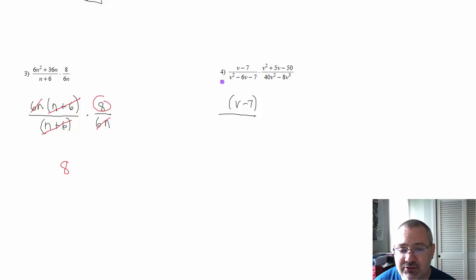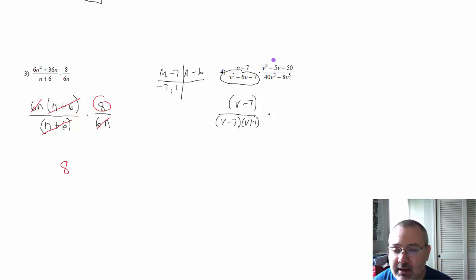So we're going to use our little strategy here. We need two numbers that multiply to give us negative 7 and add up to give us negative 6. What works? Negative 7 and positive 1. So this trinomial will factor into v minus 7 and v plus 1.